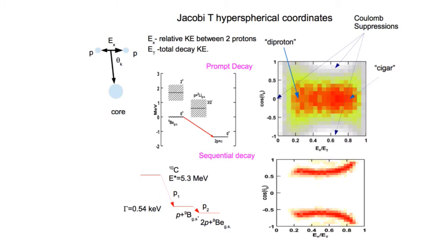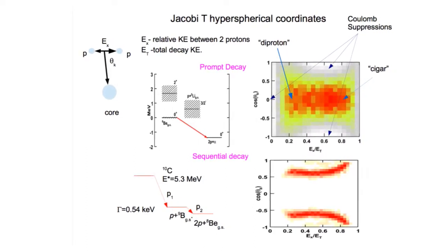What I've shown you is two experimental distributions for a prompt decay and a sequential decay. This is the beryllium-6, and this is an excited state in carbon-10. You can see there's a big difference. It's very easy to pick out prompt and sequential. Sequential has two solutions, okay?